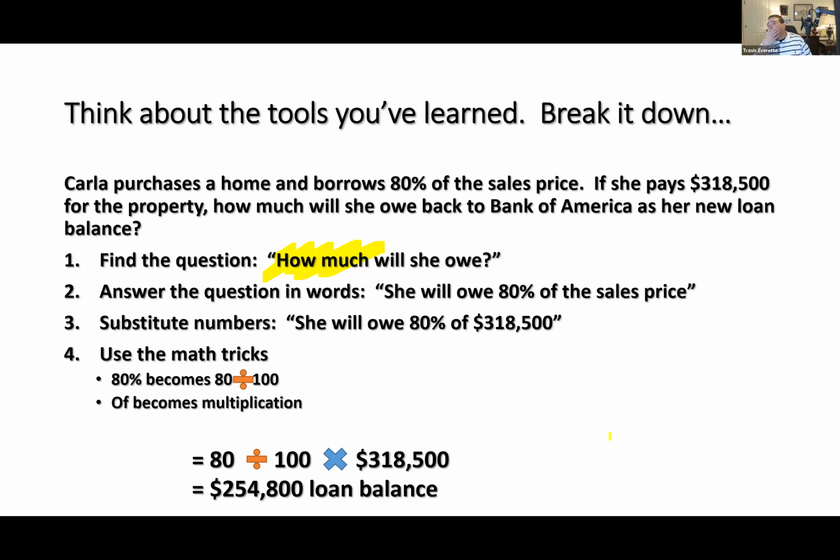Okay. So if she owes 80% of the sales price, and I apologize, I'm not sure what's going on with my other machine. It keeps resetting on me here, but I'll keep talking while it does that. If she owes 80% of the sales price, folks, again, once we've put that into words, we've got an answer. We've already got an answer for ourselves. Whether you think we have or not, we've got the answer laid out right in front of us.